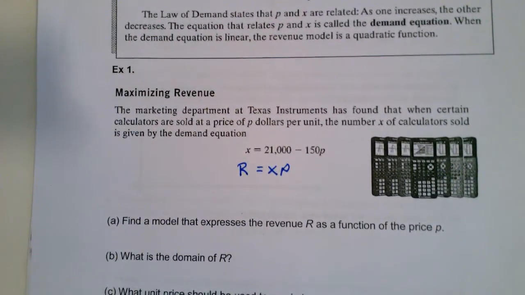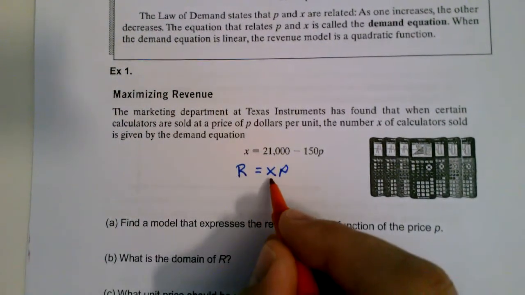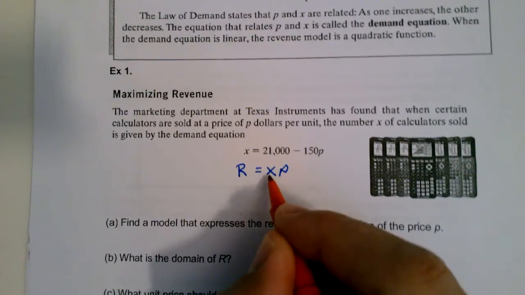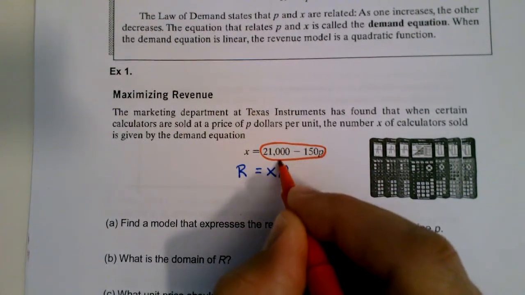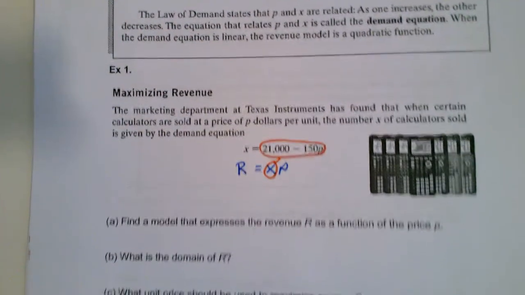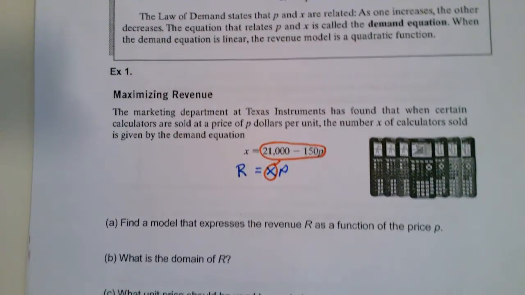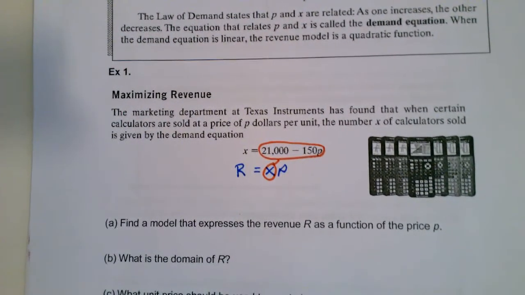We're going to take this equation now. We want R in terms of P, which means get rid of this X. We already know X is equal to this, so I want to get the X out of there and plug that in.